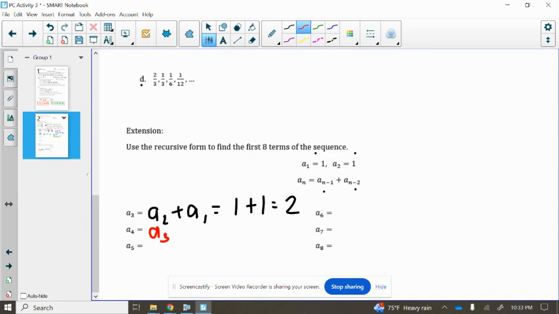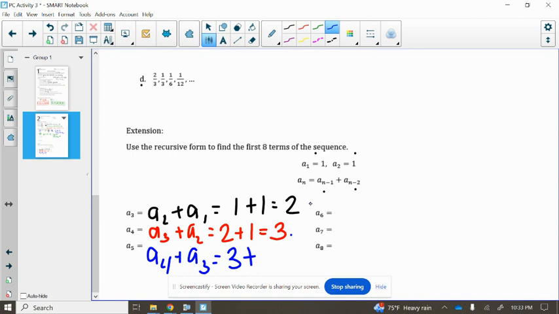So then I would take term 3 and term 2, add those together. So term 3 we had was 2, term 2 was 1, we get 3. Previous term, and then the second previous term, so in this case 3 and 2, we get 5.